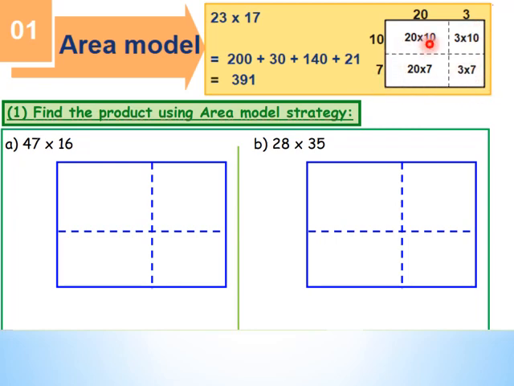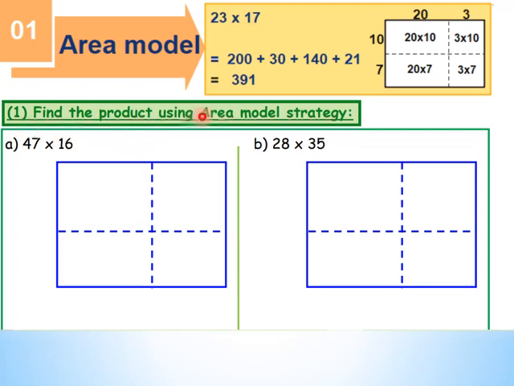Now I will sum all the products together. So 20 by 10 equals 200, 3 by 10 equals 30, 20 by 7 equals 140, and 3 by 7 equals 21. When I add them all together, the area of the big rectangle is 391, and this is the product of multiplying 23 by 17.